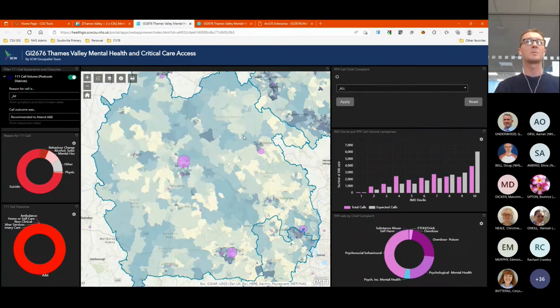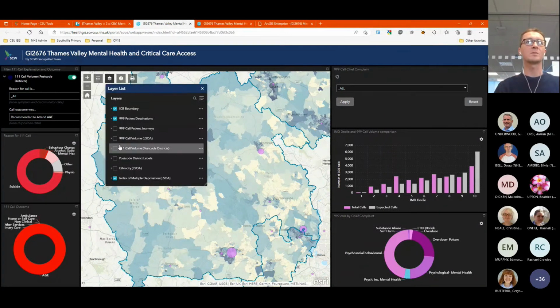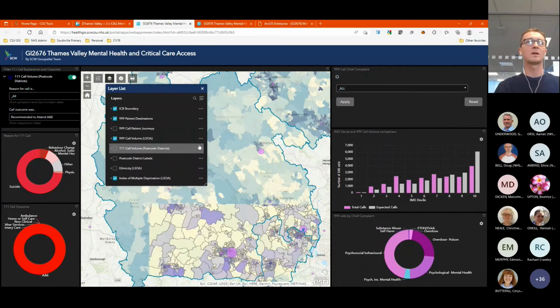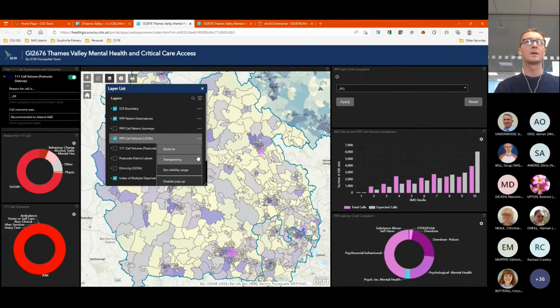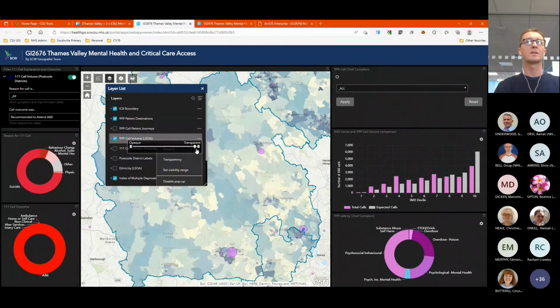So again, same sort of thing, dark color equals more deprived areas. And you can sort of peruse the two data sets one after the other, so you can look at how the two interact. So you can fade one out and fade the other in. So there's deprivation, there's 999 calls. So you can try and spot patterns using that.